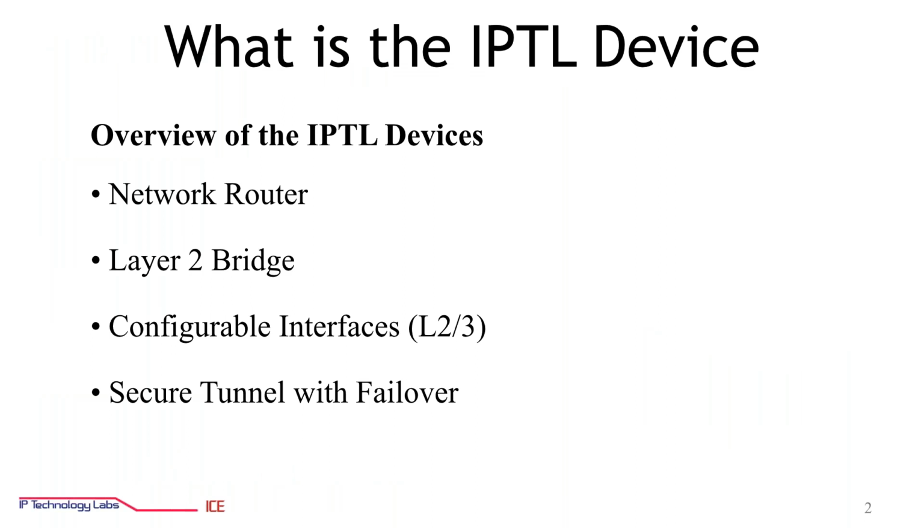We have configurable interfaces between layer 2 and layer 3, basically meaning that I can take any of the interfaces, connect them to the internal system bridge and use them as a layer 2 bridge interface, or I can detach it from the system bridge and use it as a layer 3 routing interface. And then we'll get into some details on the tunneling technology, the failover capabilities, things like that within the device.